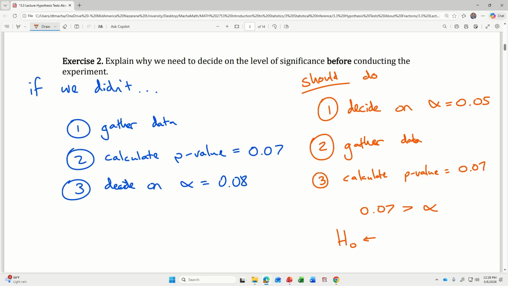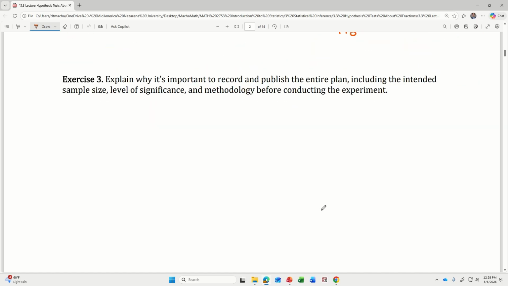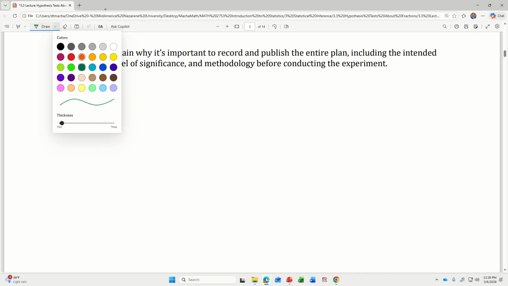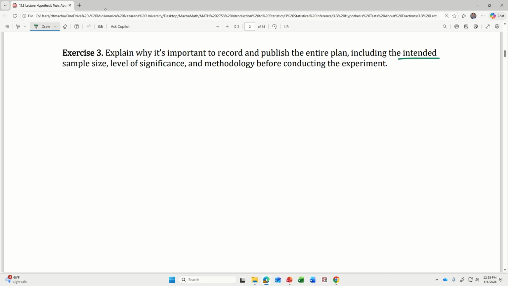Part of it is that you tell the entire outside world what your plan was, including what the alpha was. Now, explain why it's important to record and publish the entire plan, including the intended sample size, the level of significance, and the methodology. Well, we already talked about level of significance, but let's talk about intended sample size.